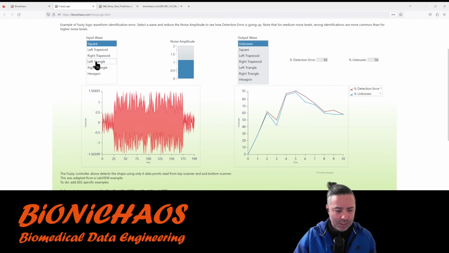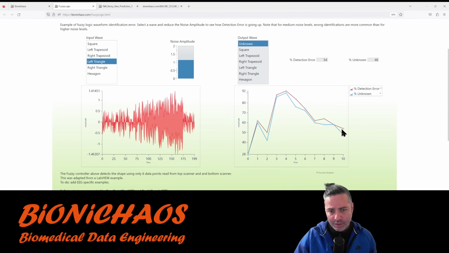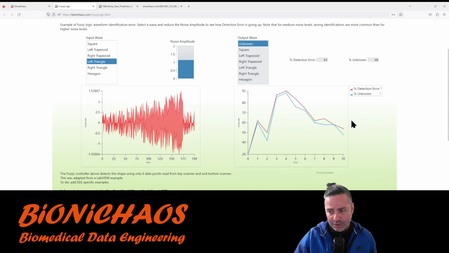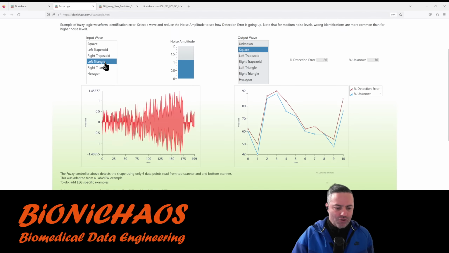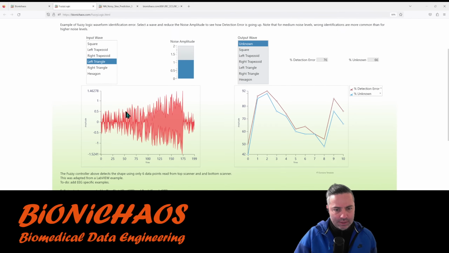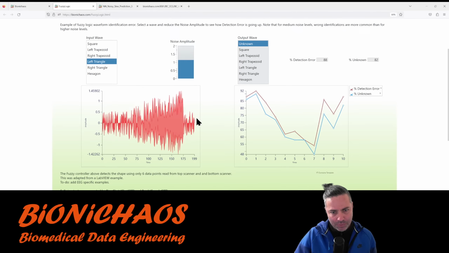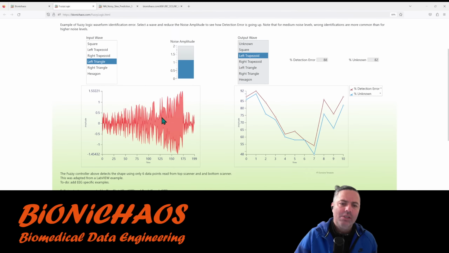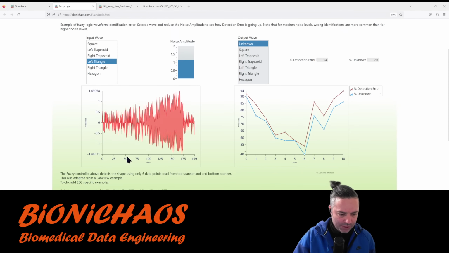And if you choose a left triangle, for example, the percentage is expected to go up, because a triangle in this type of setup with that much noise is harder to detect, so it's making way more errors. I don't know if a human can see the triangle.